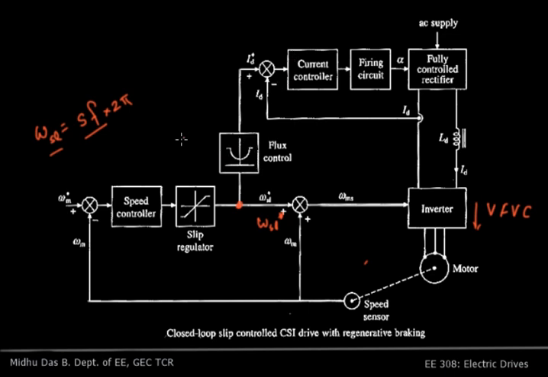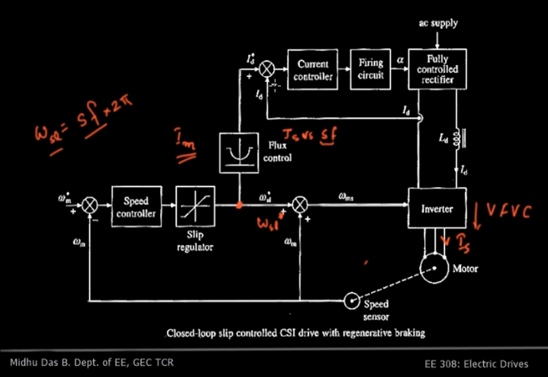This curve is obtained when we want to maintain the flux constant, Im constant. So this is the Is versus slip frequency curve, or you can convert it into omega SL, and based on this the ID reference is generated. You know that Is is proportional to ID. So Is can be controlled if you control ID.